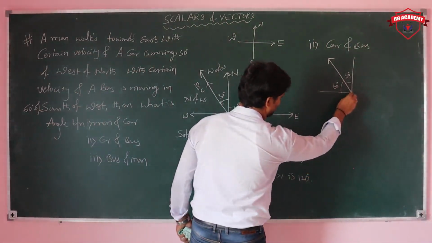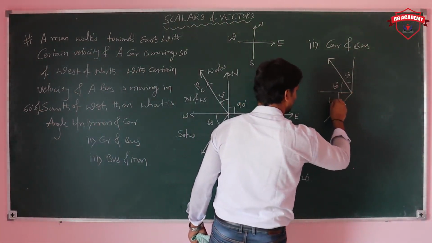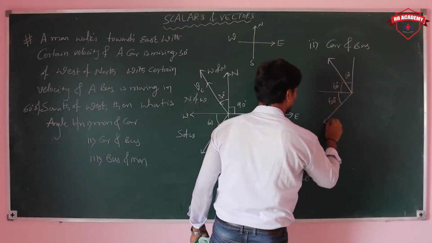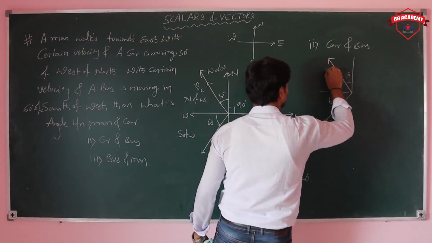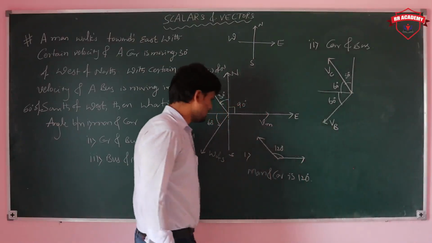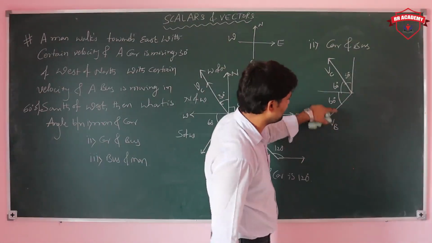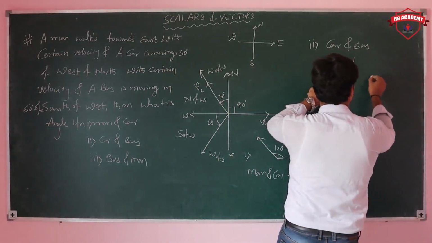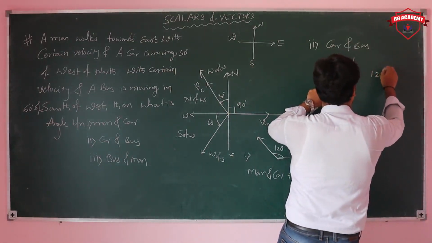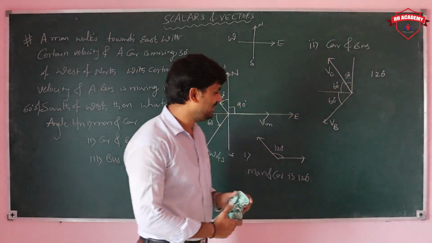And this is bus. How much? 60 degrees south of west. Now this is car direction and this is bus direction. Then what is the angle between them? It is again 120. 60 plus 60, 120.